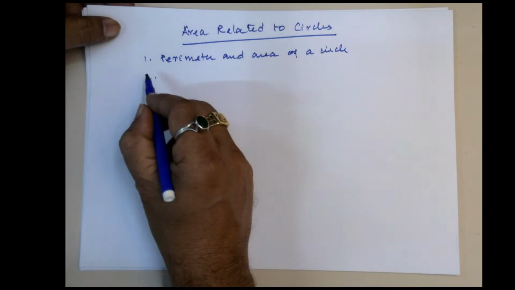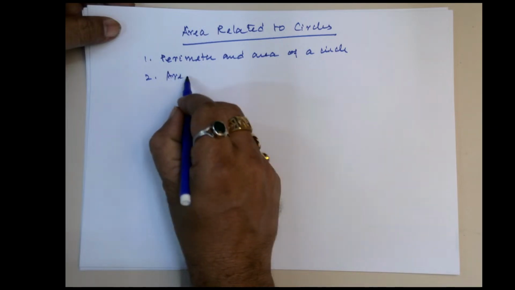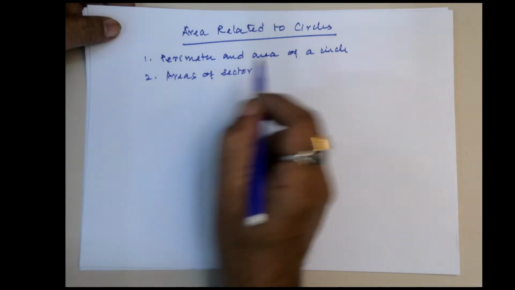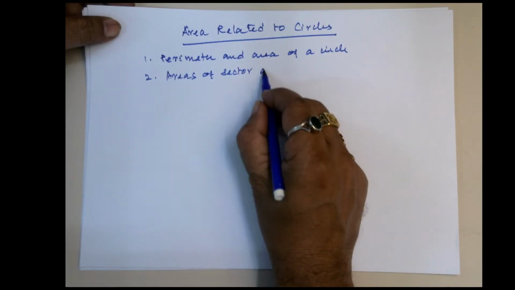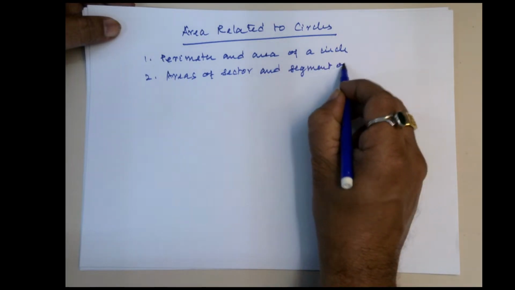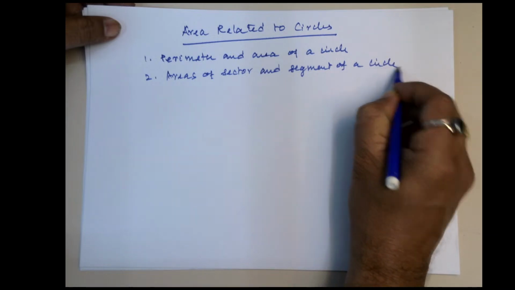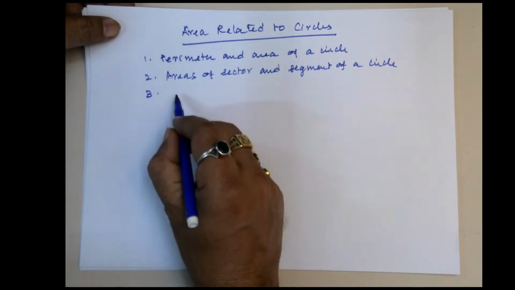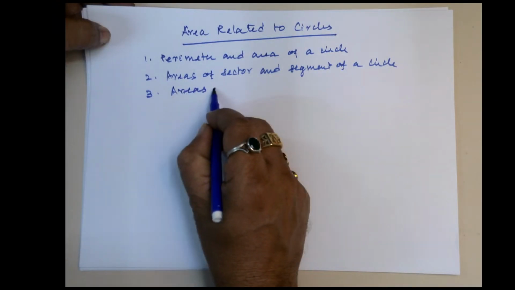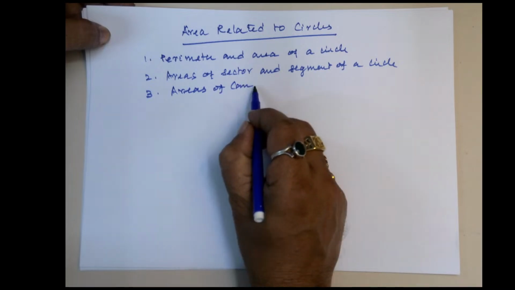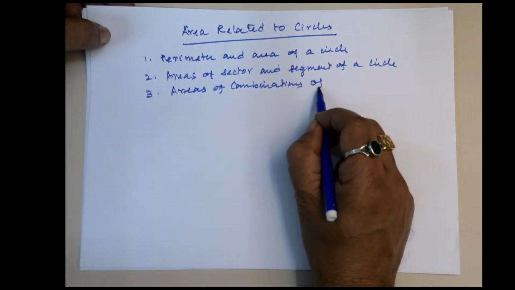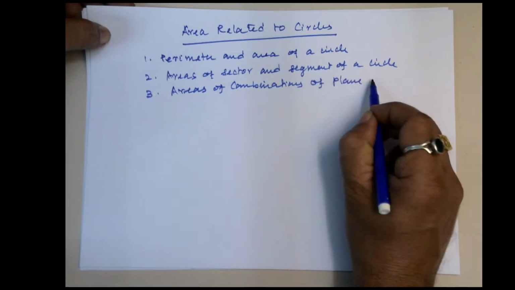Second subtopic is areas of sector and segment of a circle. Third, areas of combinations of plane figures.